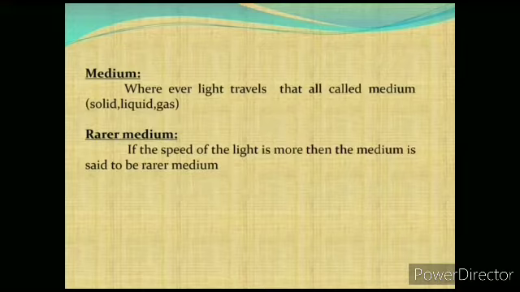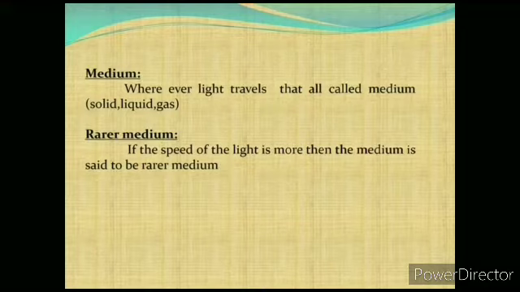Now, one more definition: rarer medium. What is a rarer medium? For example, we know that the speed of light is 3 into 10 to the power of 8 meters per second, or 3 lakh kilometers per second. That means the speed of light is maximum.